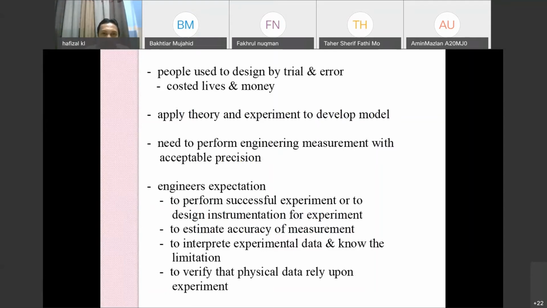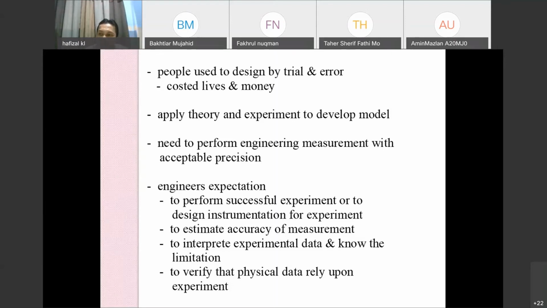These can be used by engineers to perform very useful experiments, and to estimate the accuracy of measurement.